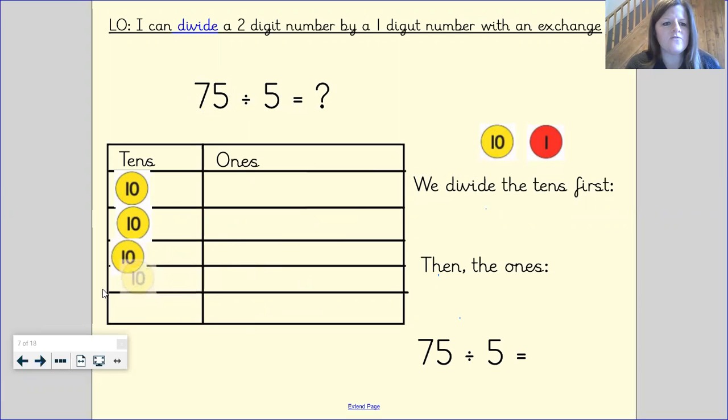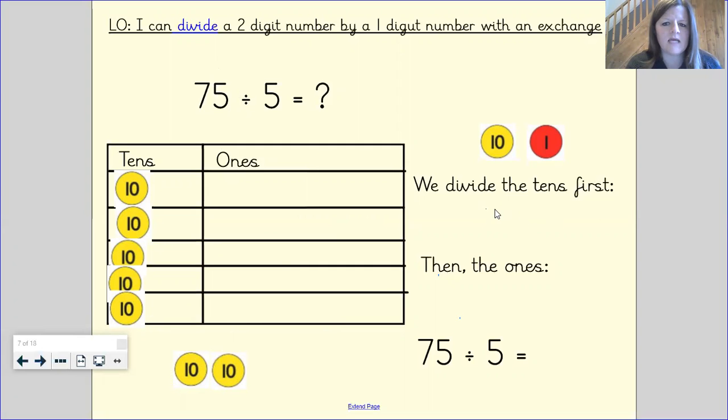You can see I've only got 5 groups here and I've already shared out 50 and I can't share another 20 out fairly equally. So therefore I have to exchange 2 lots of 10 for ones. So I'm going to exchange that for 20 ones and I'm going to have my original 5 there.